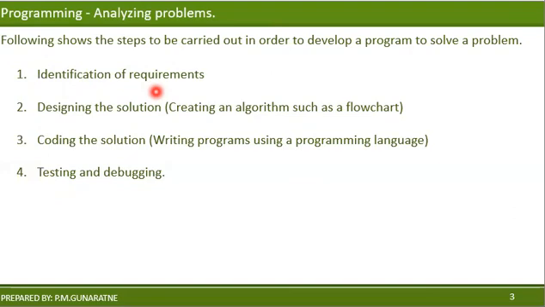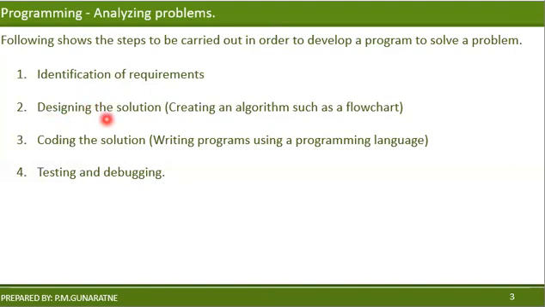For what purpose? That is the requirement. Requirements are defined by the user who is requesting the software. According to that requirement, we are going to build up a solution. So first we have to identify the requirements correctly and efficiently, then only can we build up a solution, right?